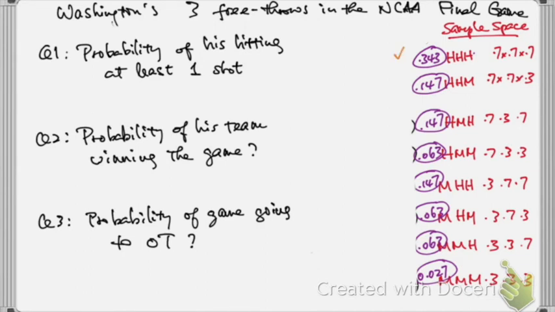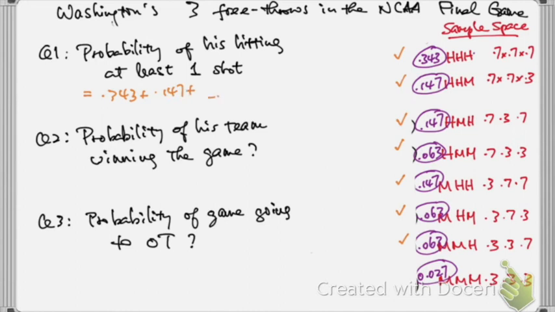Clearly disqualified, disqualified, this. The only one that wouldn't fit the criteria would be he missed all 3 shots. So all I have to do is simply add the ones that I've check marked: 0.343 plus 0.147 plus so on.